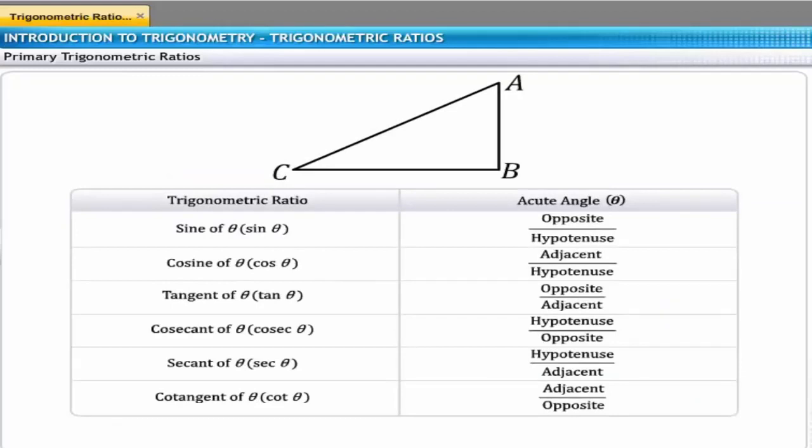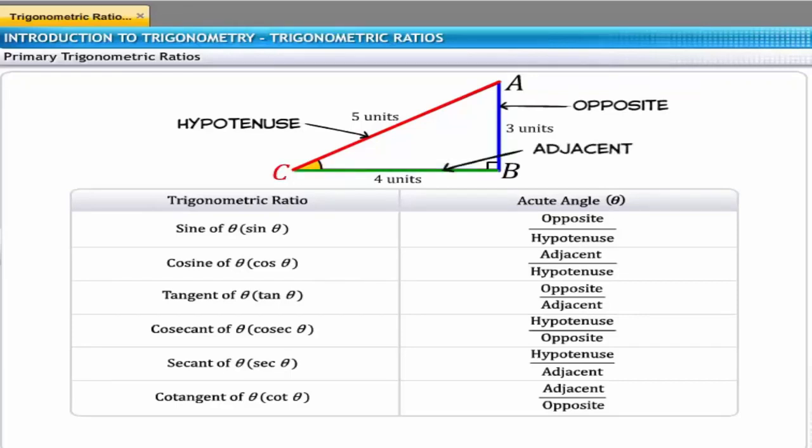Let's try an example. Consider a right triangle ABC. Its two sides are 3 units and 4 units respectively, and its hypotenuse is 5 units. For angle C, the opposite side is AB, which is 3 units, and the adjacent side is BC, which is 4 units.